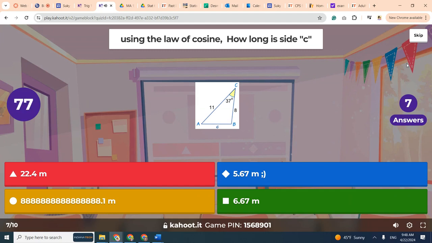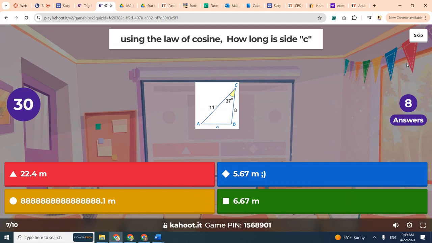In the formula, a squared plus b squared minus 2ab cosine C. No, a squared plus b squared.